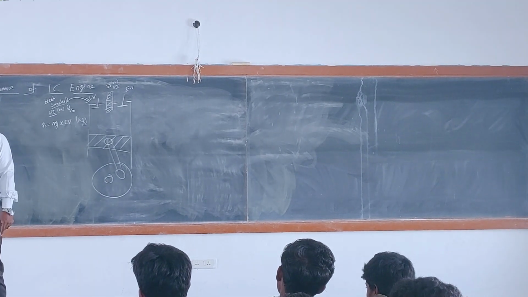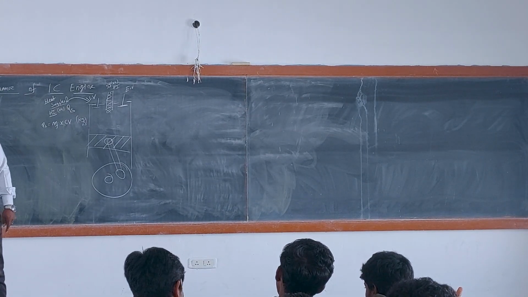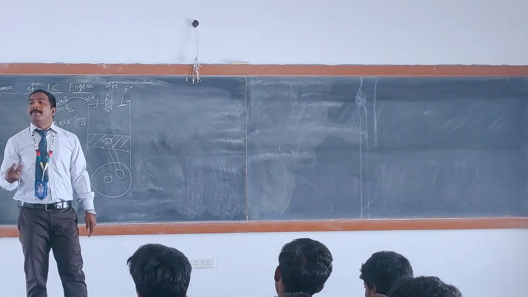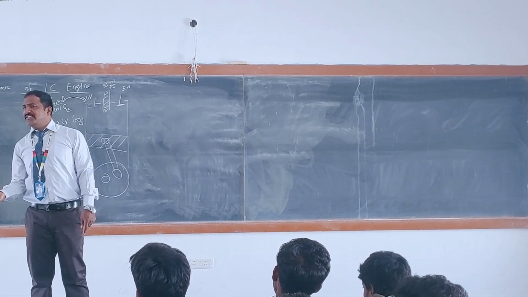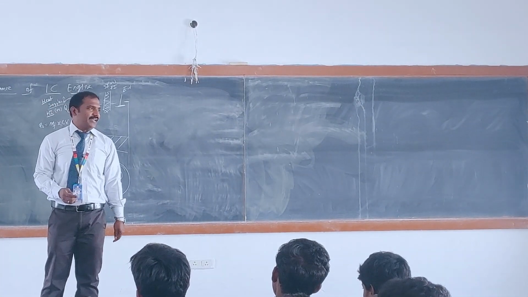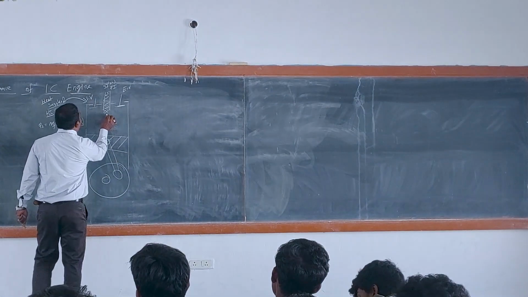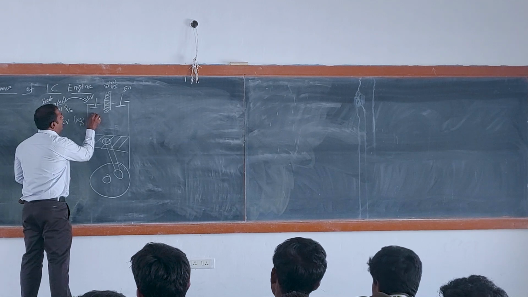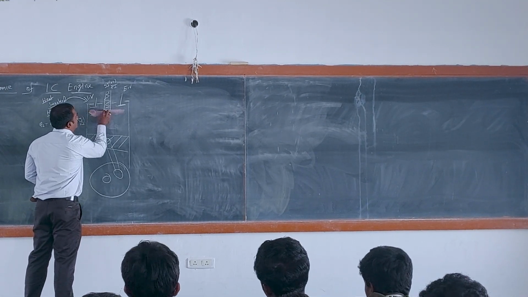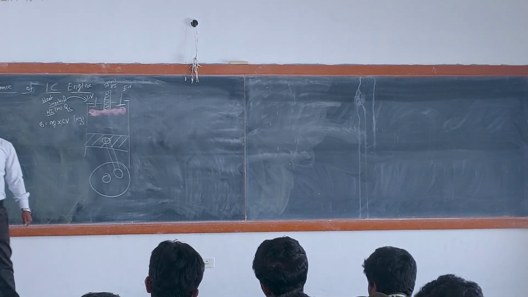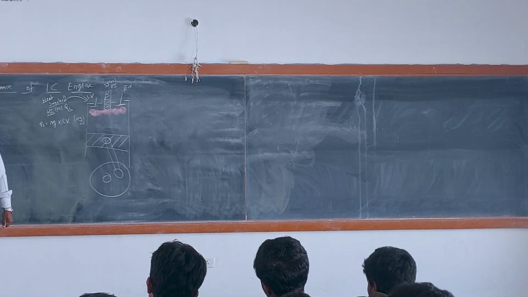How is power produced? Due to what? Combustion. Due to combustion, the power will be produced inside the cylinder, due to burning the fuel.